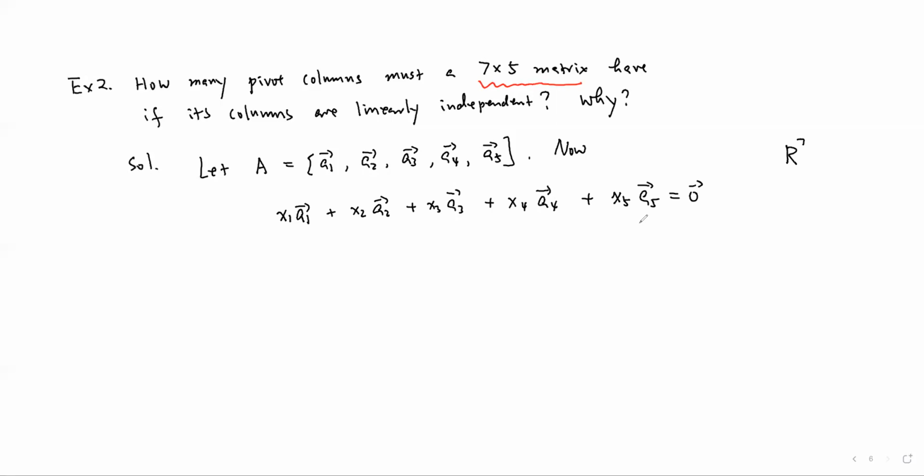Columns are linearly independent. By definition, that means that this vector equation has only the 0 trivial solution.